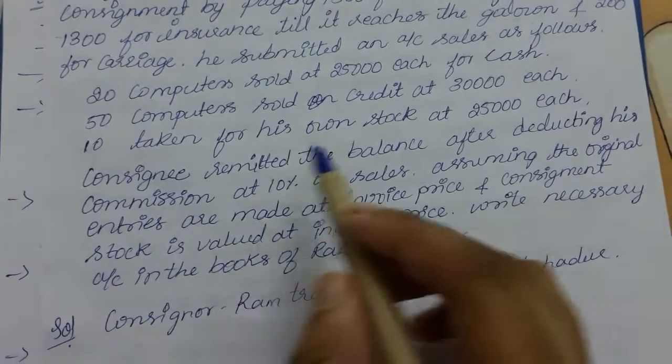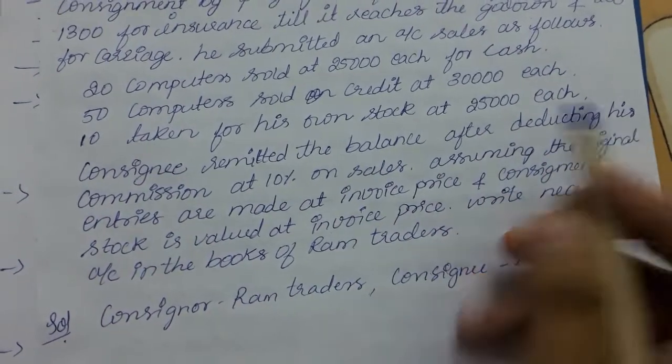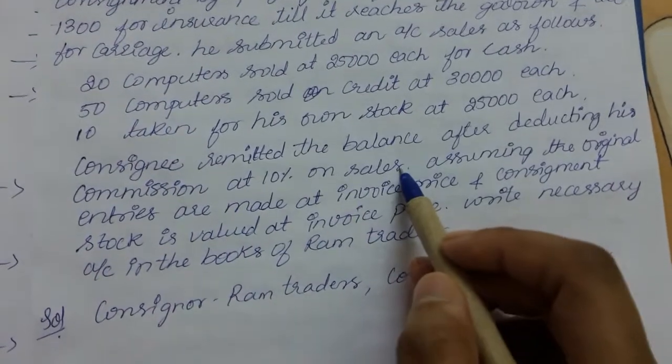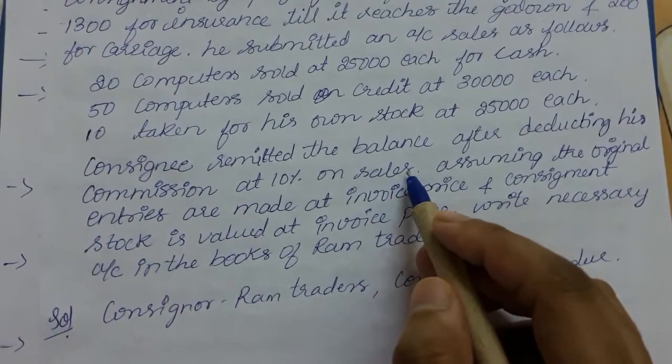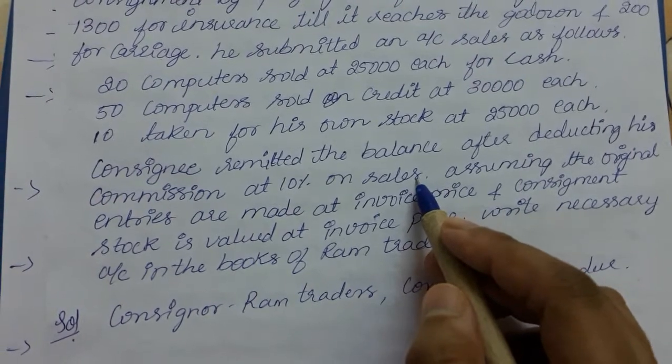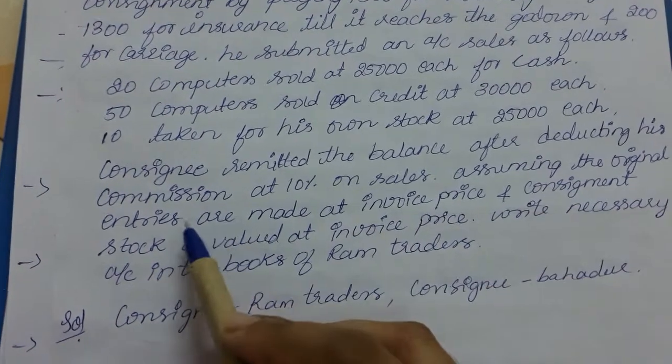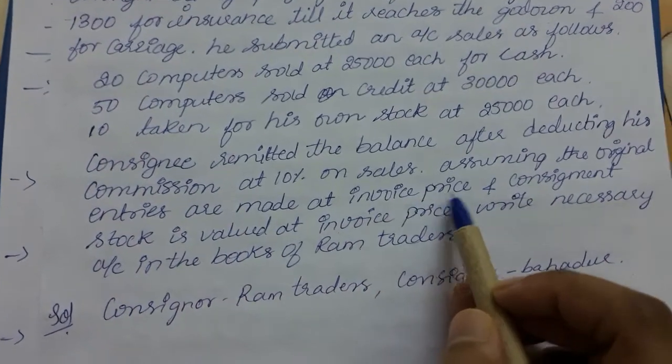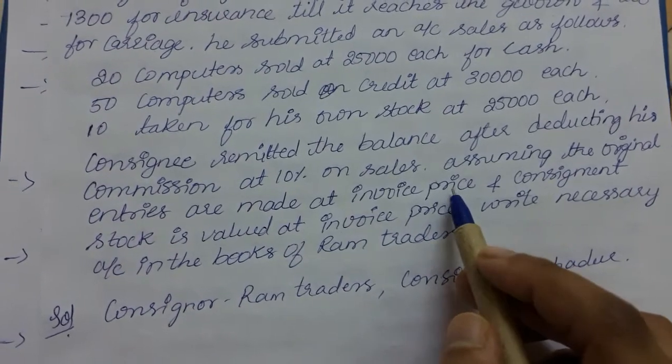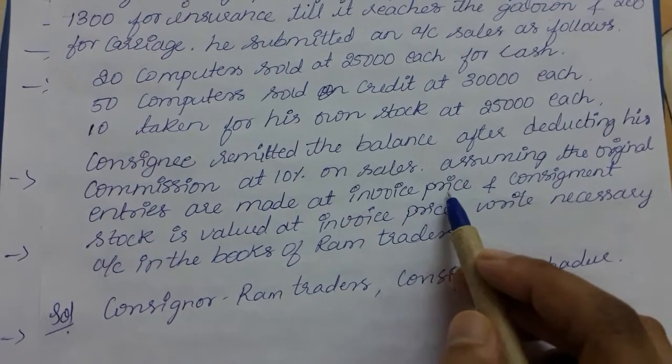Next, the consignee remitted the balance after deducting his commission at 10% of sales. So he is entitled to 10% commission. Assume the ledger entries are made at invoice price, that is cost plus profit price.